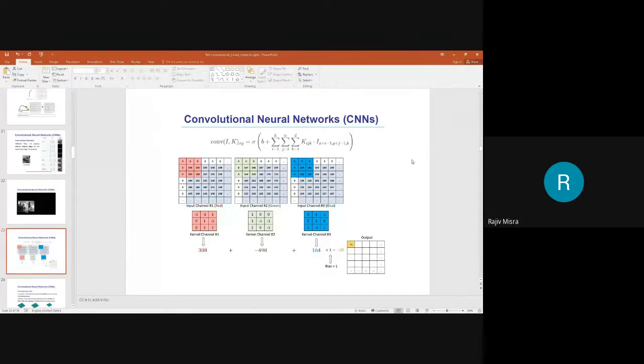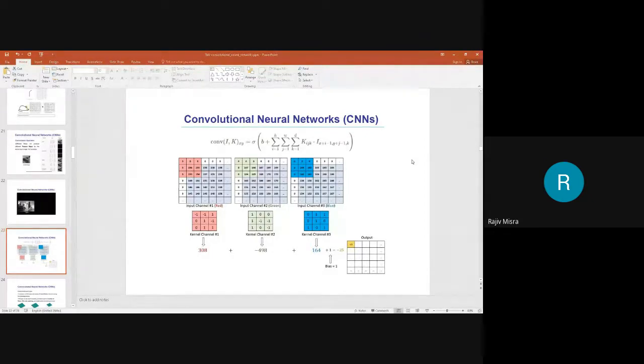Minus 498 you will get from the green color, and 164 you get from this. So if you sum them, that is 308 minus 498 plus 164, plus 1, this becomes minus 25.